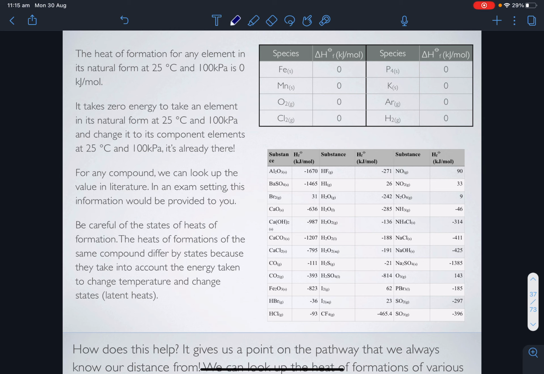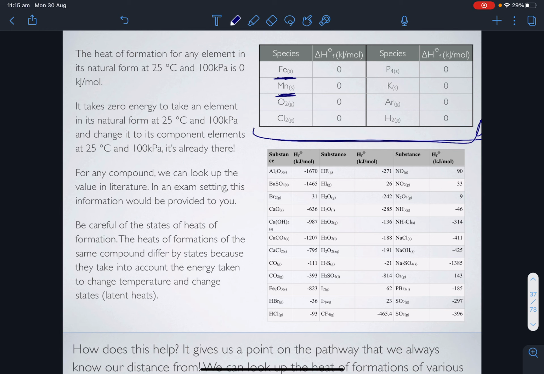So it takes 0 energy to take an element in its natural form and transfer it into an element in its natural form. It's already there, okay? So if we're talking about the heat of formation of any of these elements, we're talking about 0 kilojoules per mole. So the heat of formation for iron as a solid is 0 kilojoules per mole, because that's how we find iron as a solid, okay?